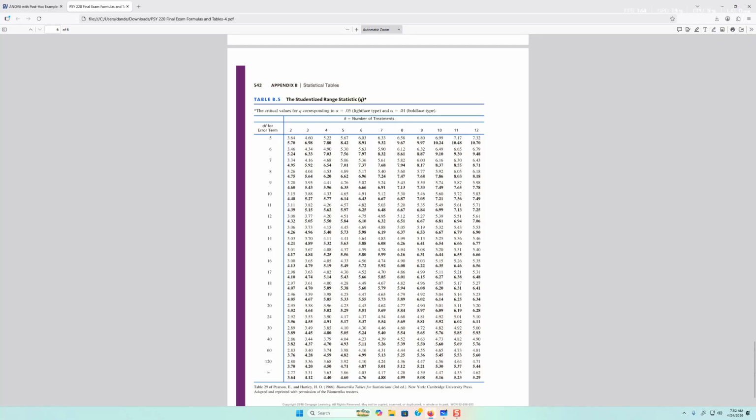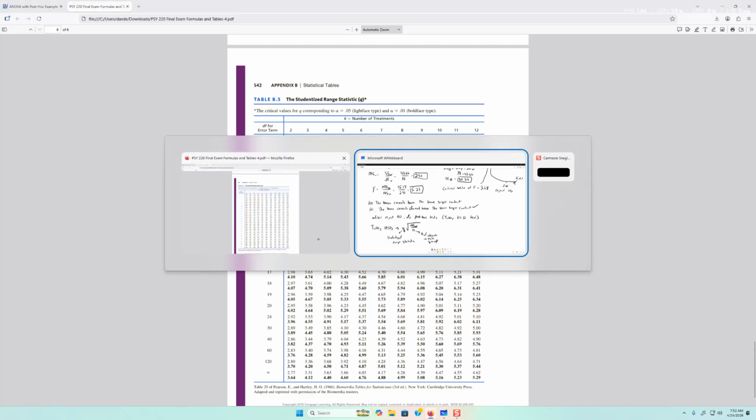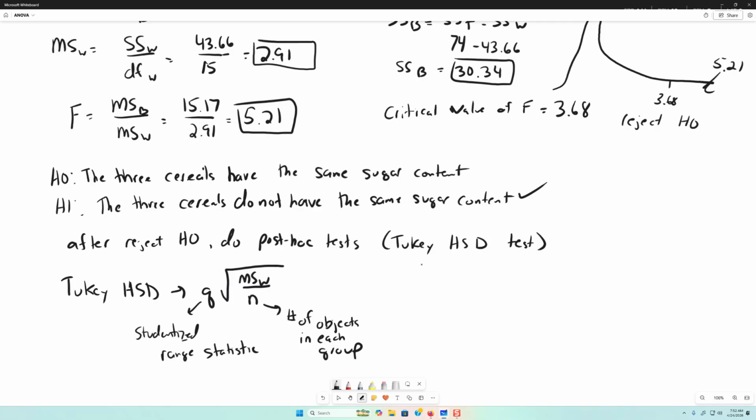So we find 3 and we find 15, and we're doing 0.05 because we did 0.05 for F, and we get 3.67. 3.67 is our Q value.